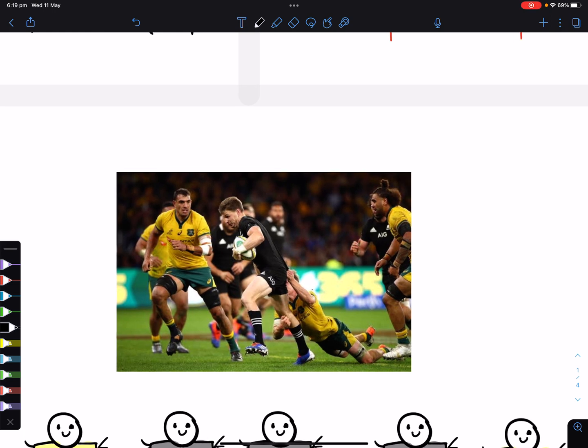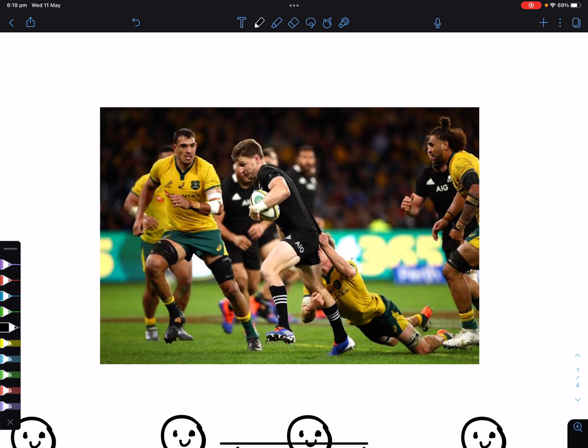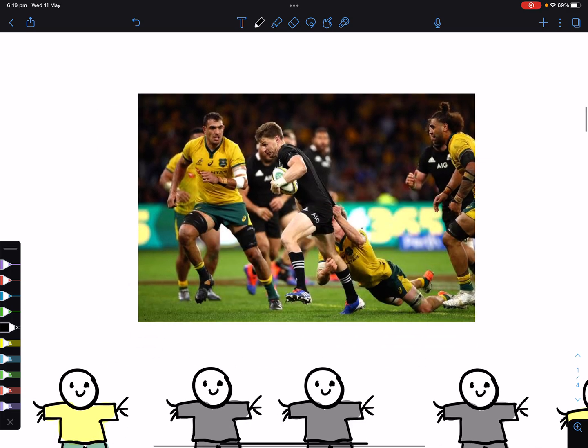So you'll have to forgive me, I'm not a sport person at all, as many of my students know, but I presume this is a game of football of some kind, and it looks like there's 2 different teams here, team yellow-green versus team black. I don't know what these teams are.